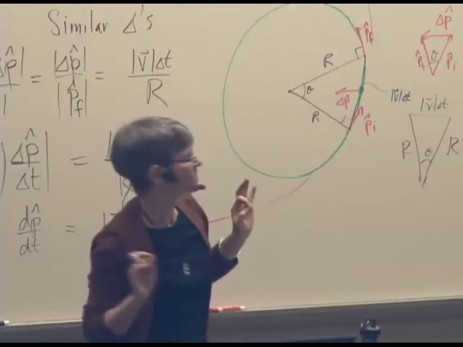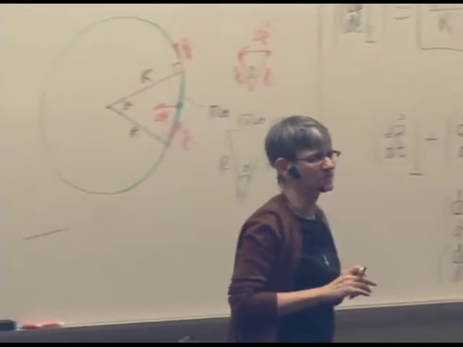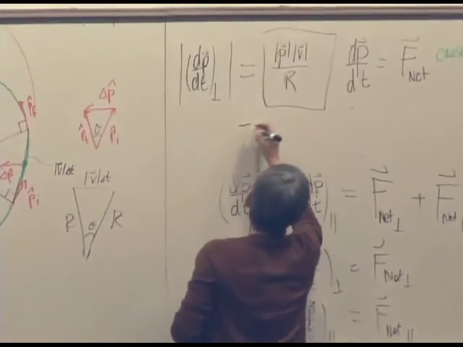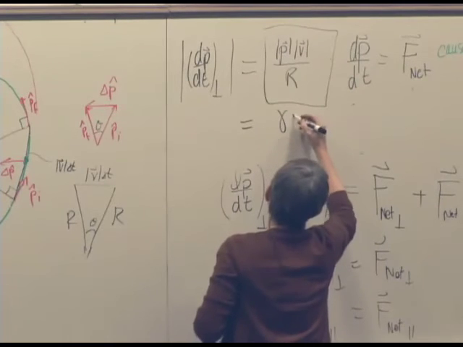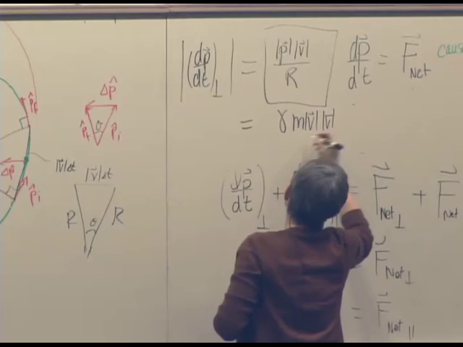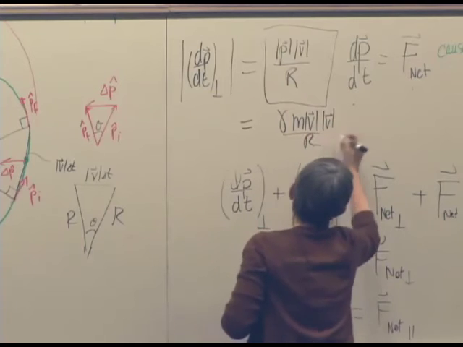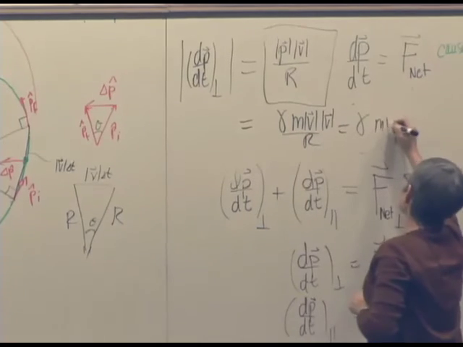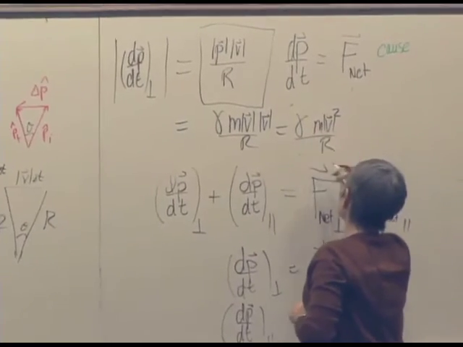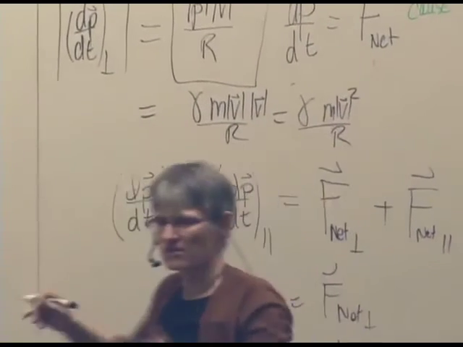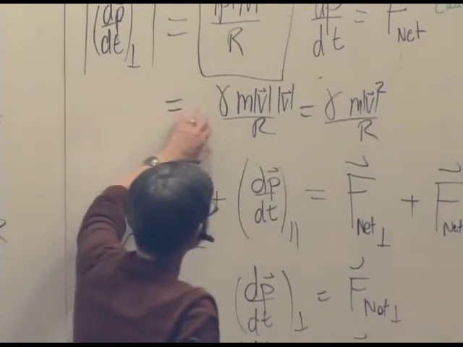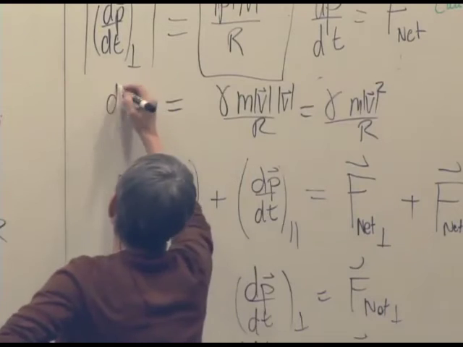Now, to many of you, this is actually a familiar equation. What is this really equal to? It's equal to gamma mv times v over r, or gamma mv squared over r. And at low speeds, gamma is 1, so that's going to be mv squared over r.